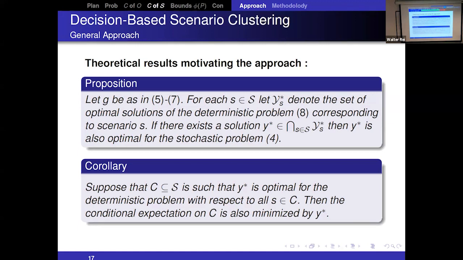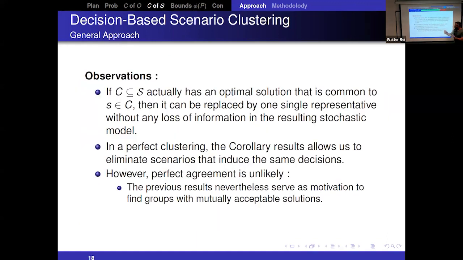Okay, so this kind of was a result that motivated the idea. So if somehow we can identify subsets or clusters of scenarios, this kind of gives us a good idea that we're at least able to eliminate some scenarios in the extreme case, right? So this was kind of the general approach.